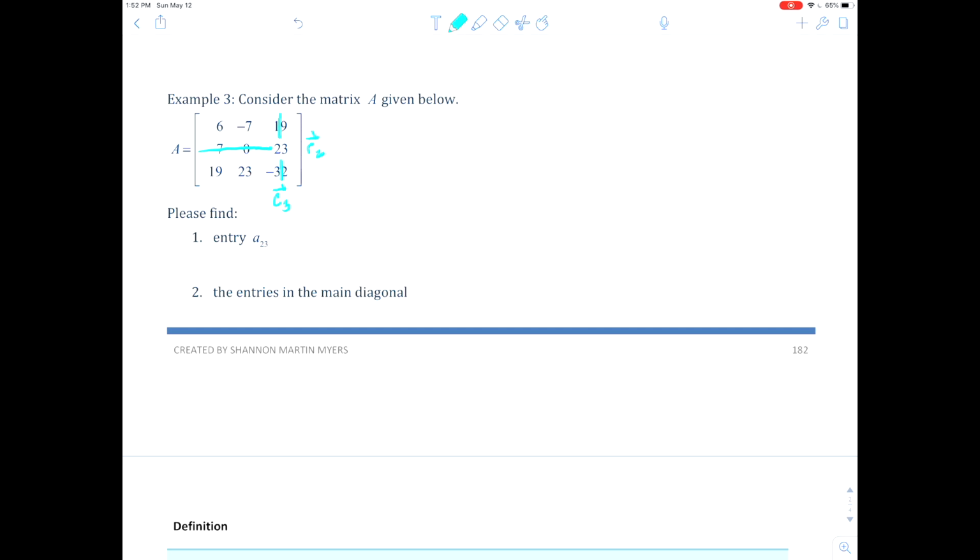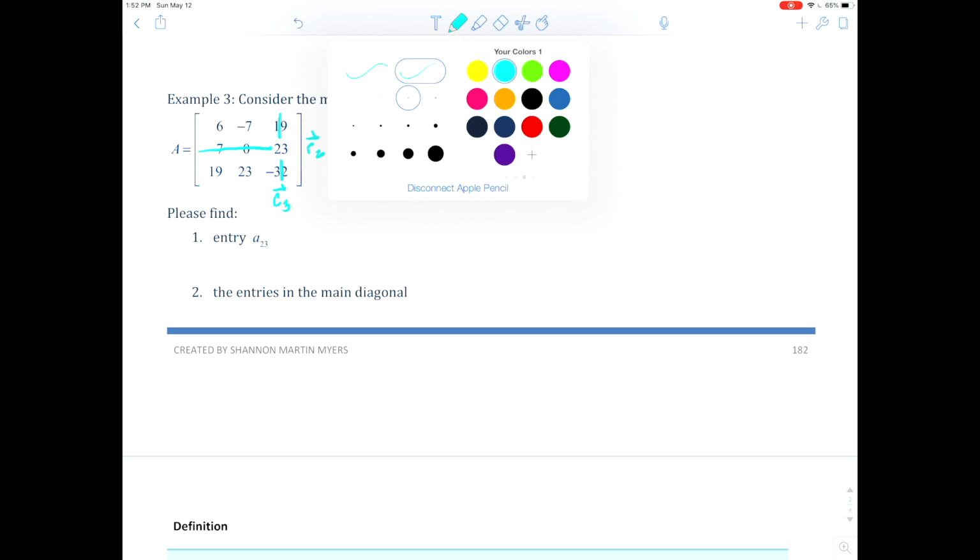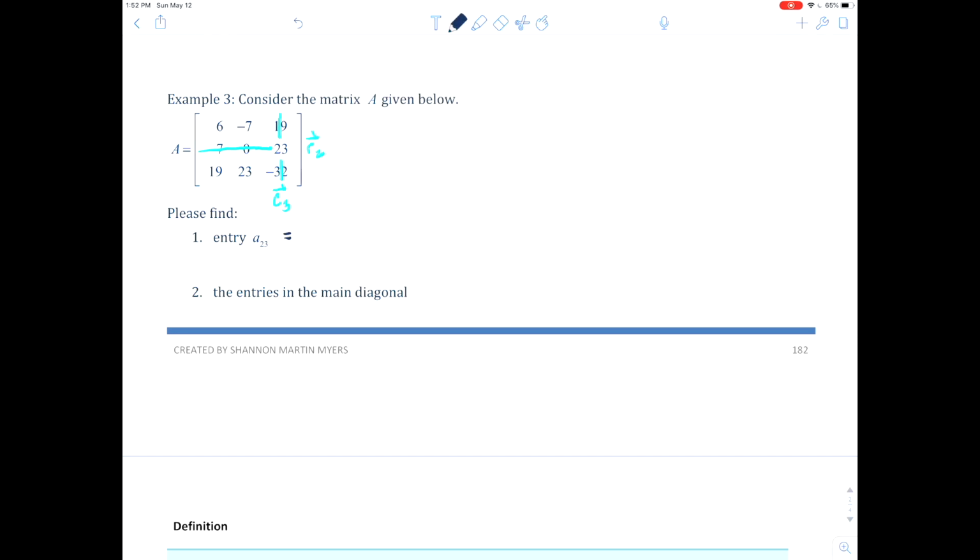So it turns out that entry A23 is equal to 23. And I'm sorry about that. It's not because of that subscript being 2-3. It has nothing to do with that. That was just a coincidence.